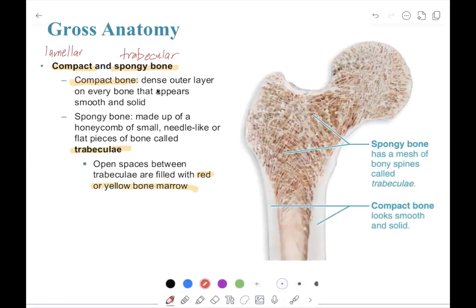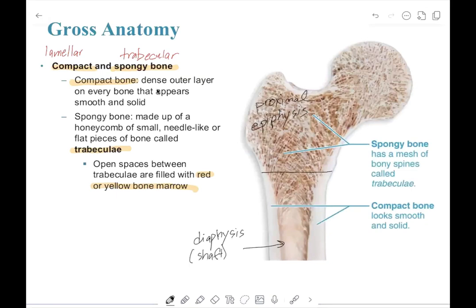If we were to draw a line right here, we could separate what's called the epiphysis, specifically the proximal epiphysis because it's closest to the girdle. And this region right here would be called the diaphysis, which is the shaft of the long bone. Again, you can see the spongy bone has these bony spines called trabeculae, and compact bone looks smooth and solid.